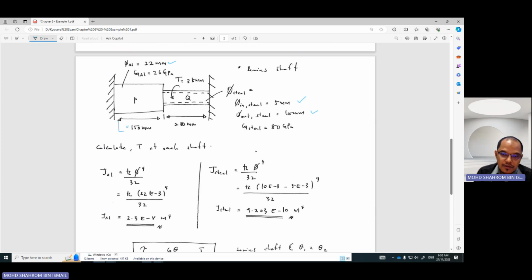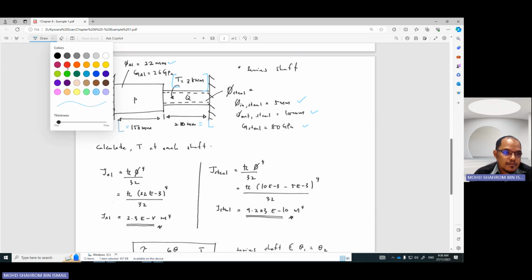Made by steel, therefore the bulk modulus of steel is 80 gigapascal. At this point, the hollow shaft has been subjected to a torsion of 3 kilonewton meter. Of course, it got the length of 280 millimeters.